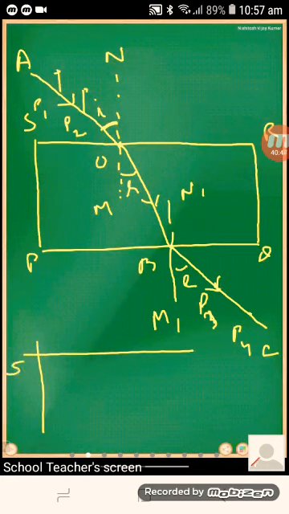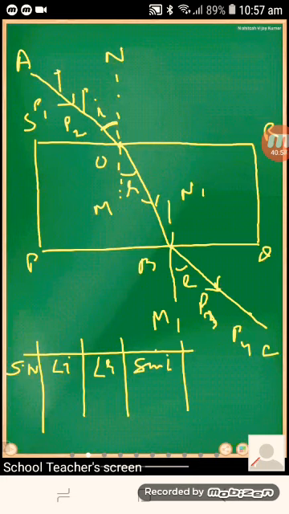Now here what we do, we draw a table where we have serial number, angle I, angle R, we'll find out sine I, sine R, and then we'll find out the ratio sine I by sine R. Clear?